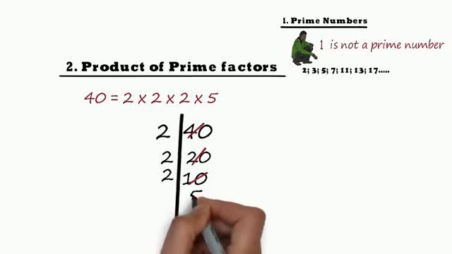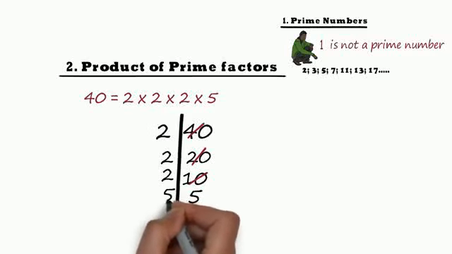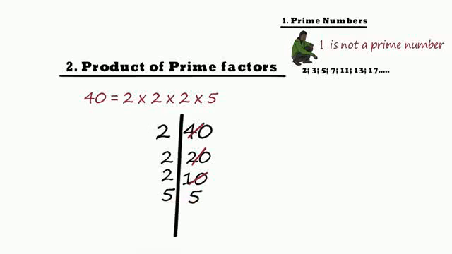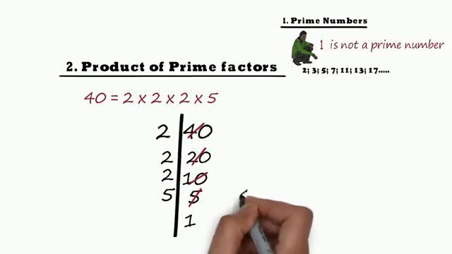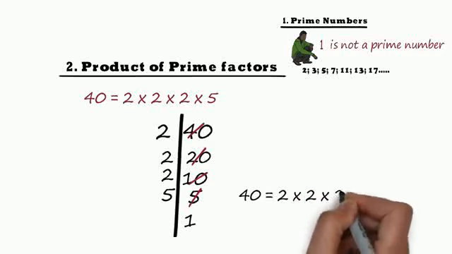Now, when we get 5, we want to look for the smallest prime factor that gets into 5, and it happens to be itself, which is 5. So 5 into 5 is 1. So this is how you get the product of prime factors of 40, which is 2 times 2 times 2 times 5.